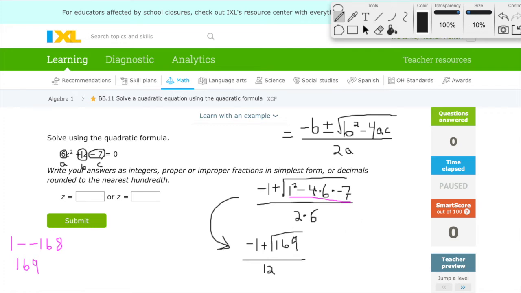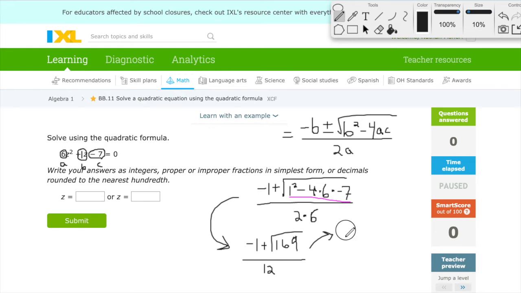From here, let's erase this real quick. From here, let's go right here. The square root of 169. From there, we would get 13.